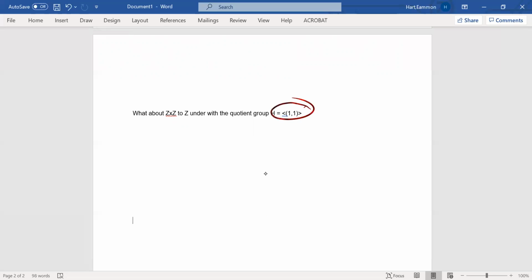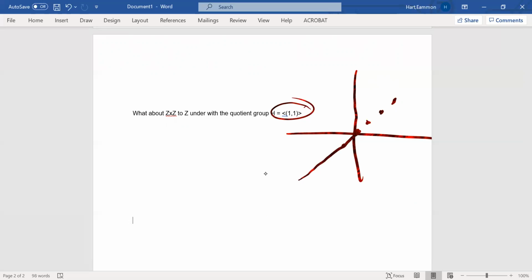First off, what does this quotient group look like? If you have the plane here, then you have 1, 1, you get 2, 2, and so on. You also get 0, 0, you get -1, -1, and so on.